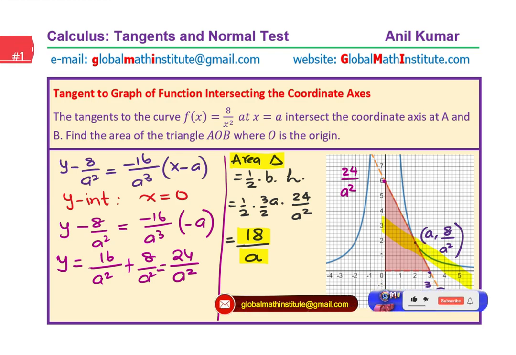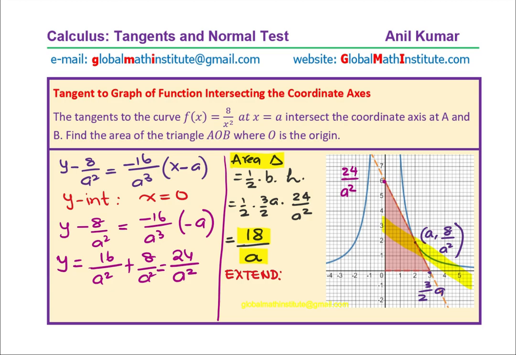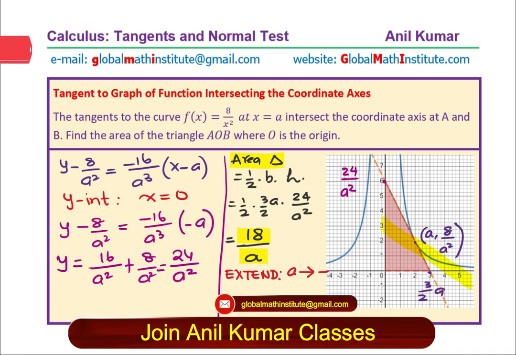Now, this question could be extended. So let me just extend this question to consider a case: what happens when a approaches negative infinity? Means we're looking for a point A far away on the positive side. In that case, what happens? Also, here is a note for you.